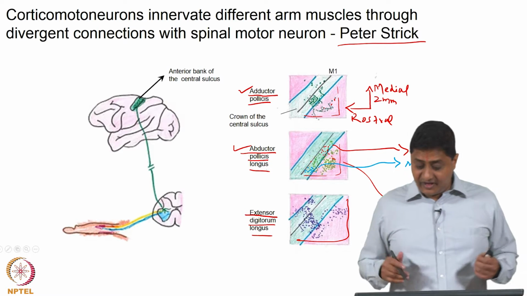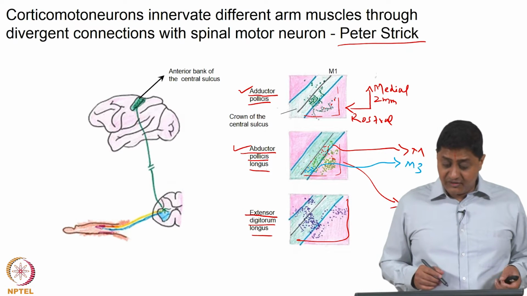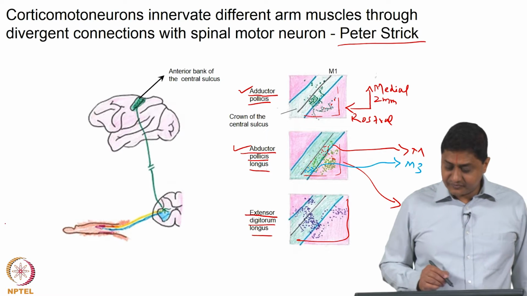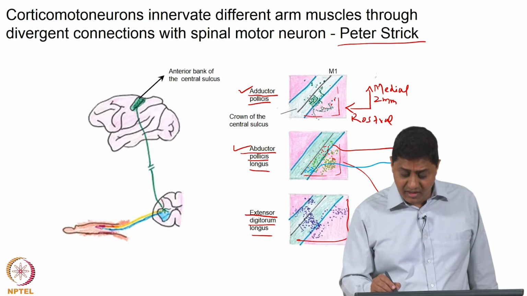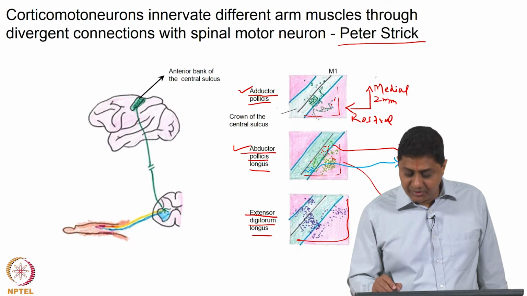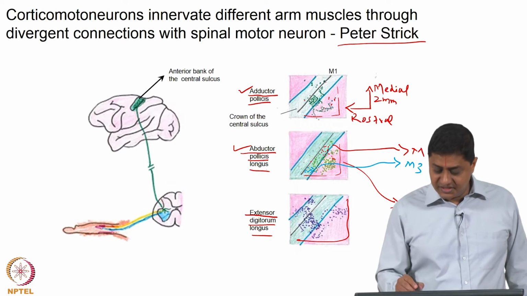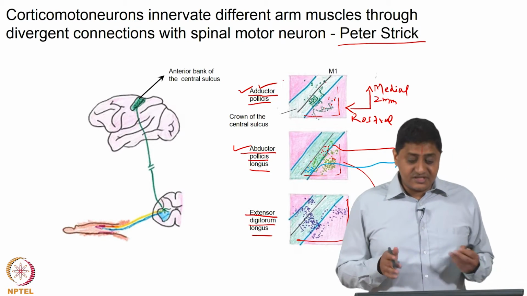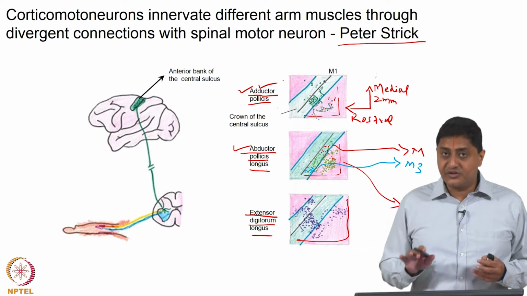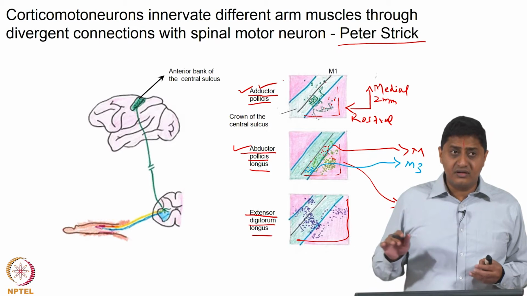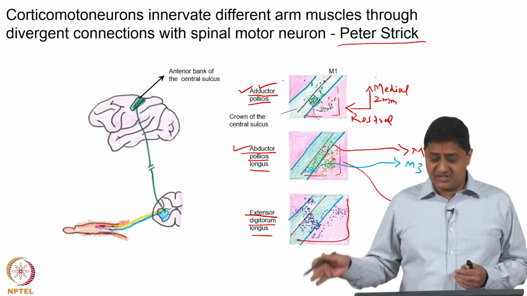So, there is an amount of divergence, and there is also convergence in terms of the muscle. There is origin of control at multiple sites and convergence to a particular muscle. So, there is both great divergence and convergence from the neuronal sites to the muscle, or the alpha motor neurons that control the muscle in the spinal cord.